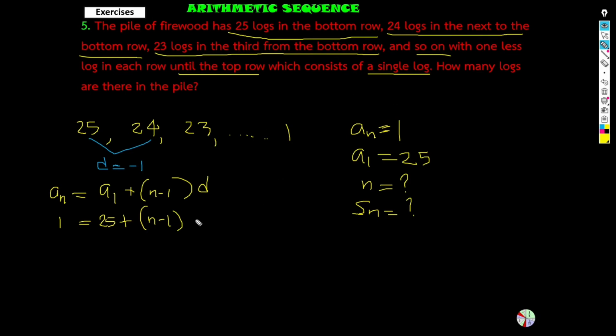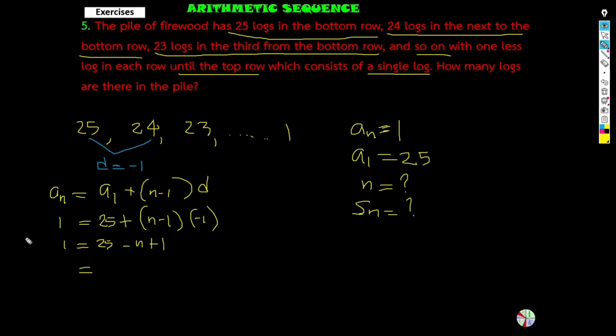The difference is negative 1. Now 1 is 25 plus negative 1. Oops, it's not plus anymore. It becomes negative: negative 1 times n is negative n, and negative times negative is positive 1.